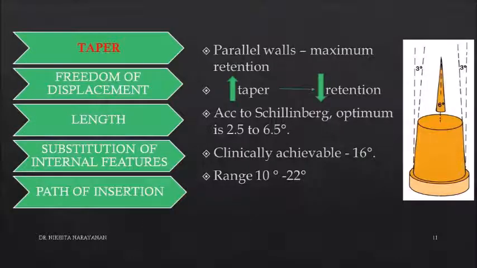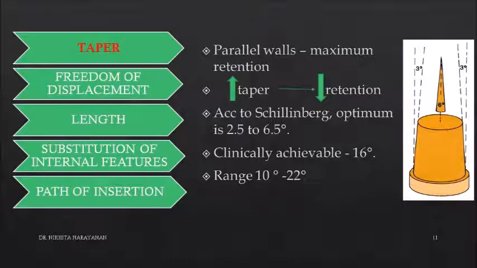Taper simply means the inclination of the axial walls with respect to the long axis of the tooth. So taper is the sum of the inclination of two opposing axial walls. In this picture, it's clear that the inclination of the opposing walls are 3 degrees each. So the taper of the preparation will be 3 plus 3, 6 degrees. So that's how you calculate the taper.